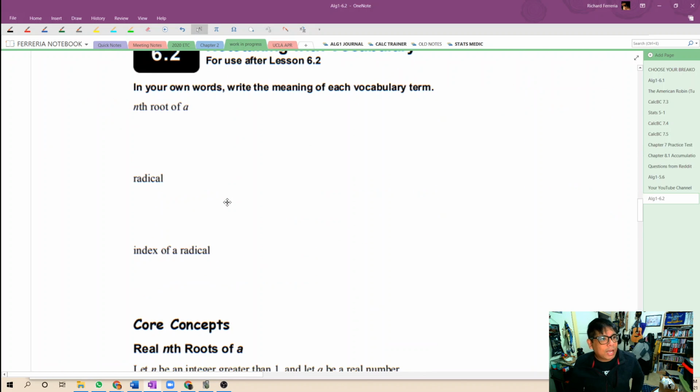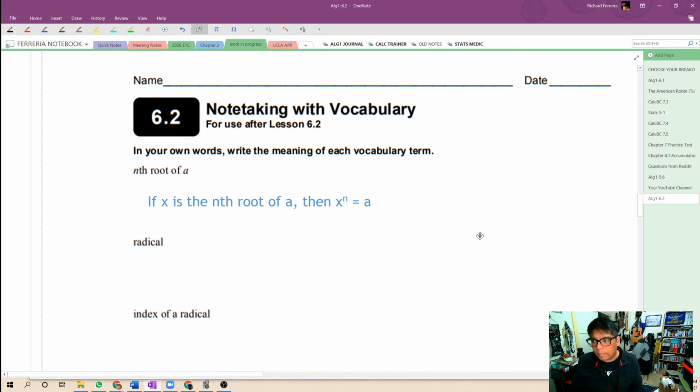Here we go. The nth root of a. Let's figure out what that is in our notes. The way this works is that if x is the nth root of a, that means x to the n power is equal to a, which is the same thing as saying the nth root of a is equal to x.